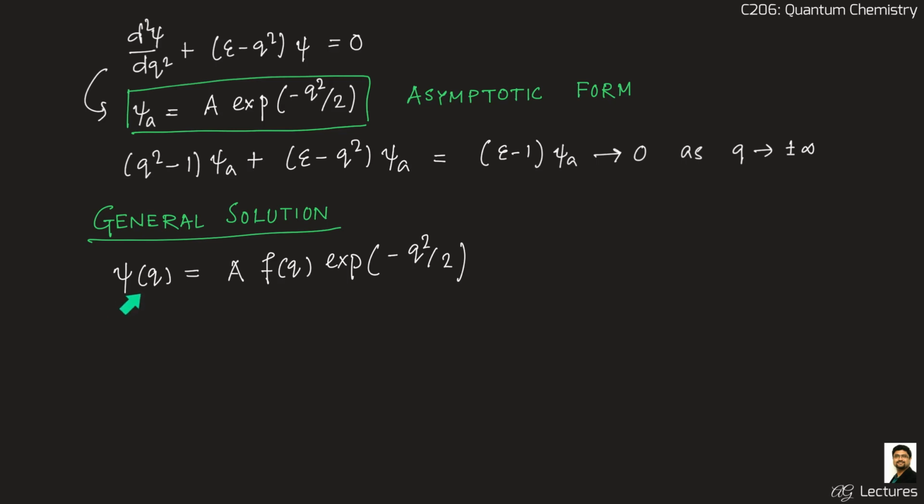the total solution, psi of q, is going to be slowly going to 0 when q goes to plus or minus infinity because of this asymptotic part, but the total solution will also include the functional part for q not tending to plus or minus infinity, and that is going to be hidden in this f of q that we do not know so far.